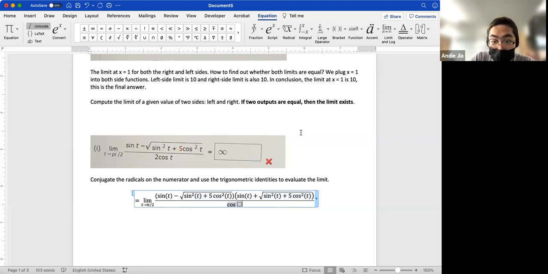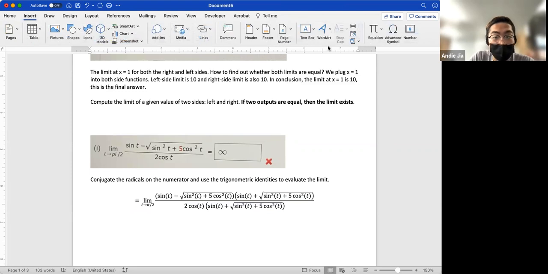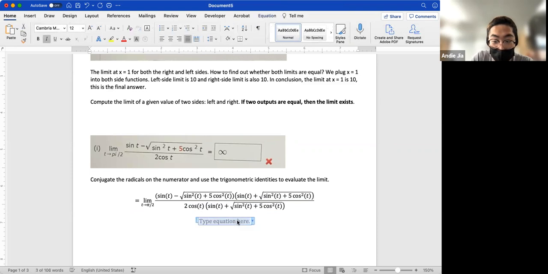Then you multiply this out, and now you simplify this limit.